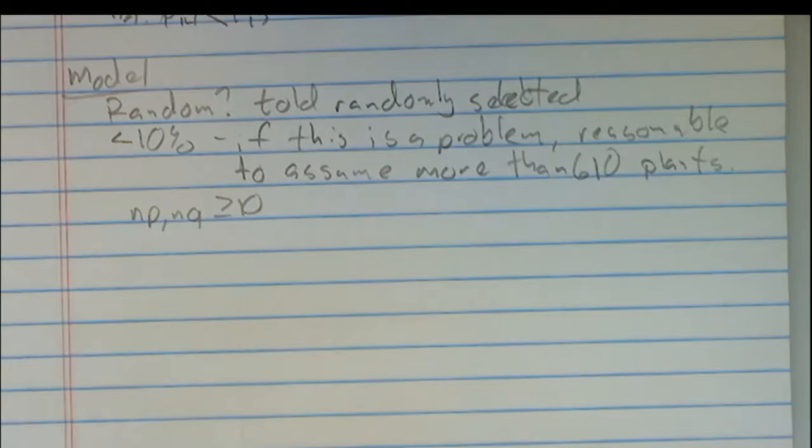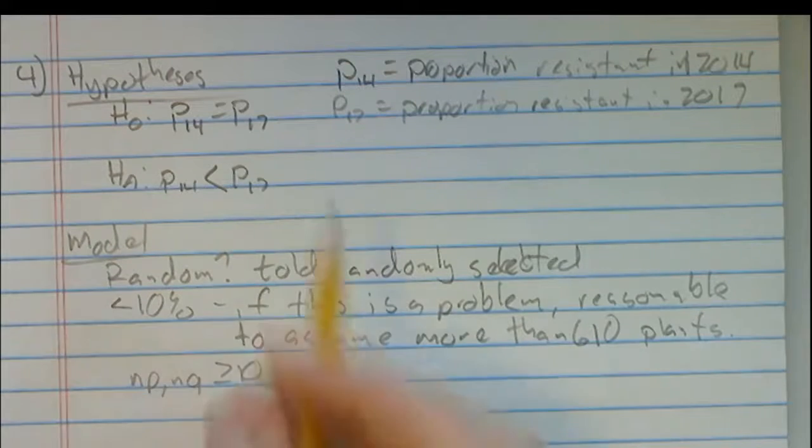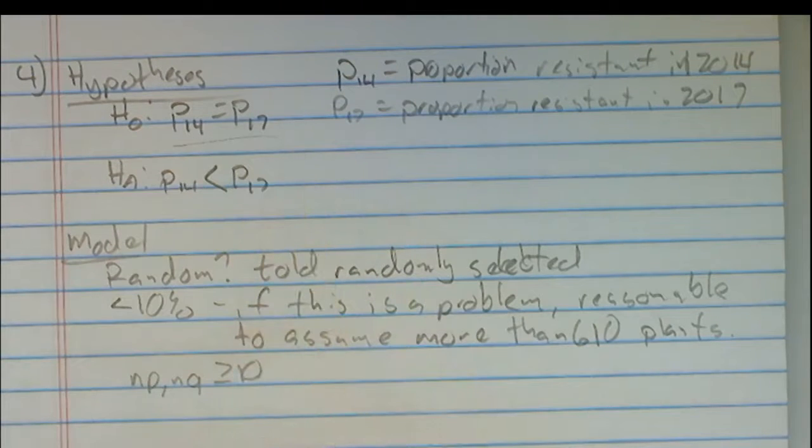All right, so we have a little bit of work to do. Our null hypothesis says that these are the same proportion. So we're going to use that here for our proportions. Let's see now.